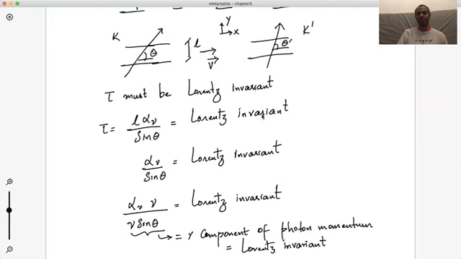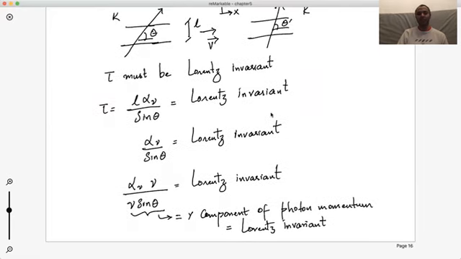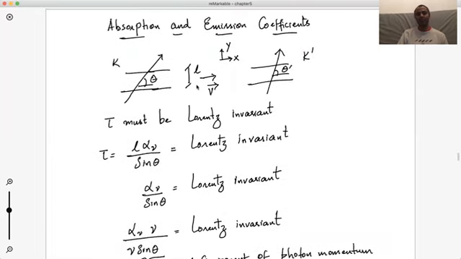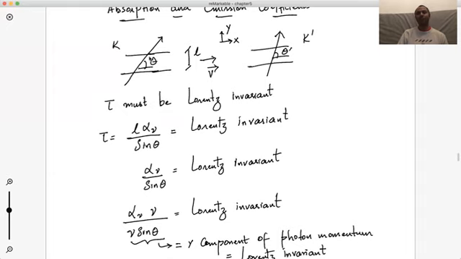Anyhow, so this has to be Lorentz invariant, which means that alpha nu by sine theta is Lorentz invariant. Why is that so? Because I've just chosen L to be perpendicular to the velocity direction, right? So I've basically put all the complexity in that angle theta by just choosing my variable.